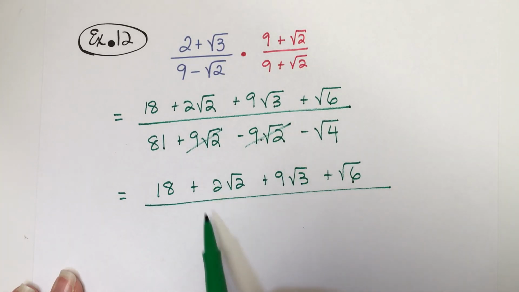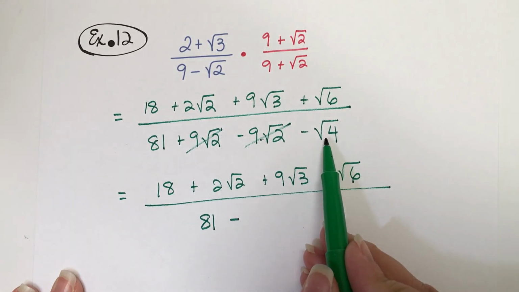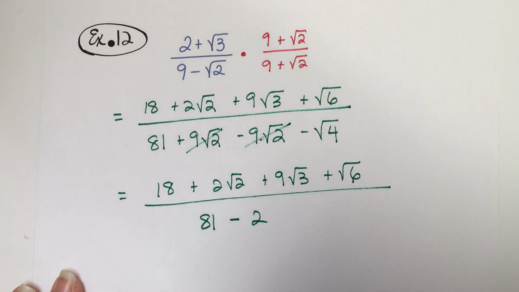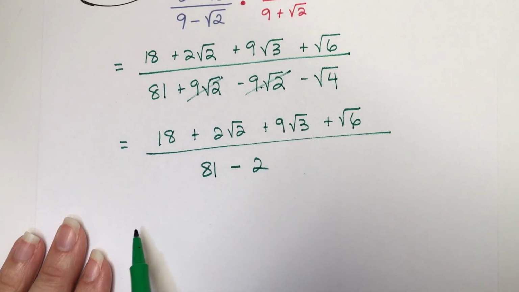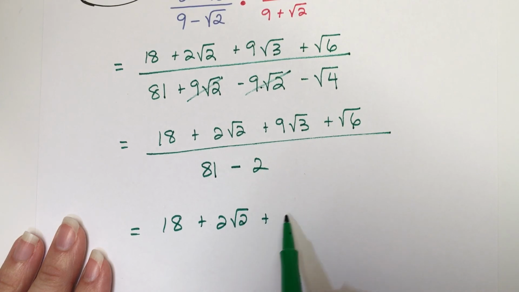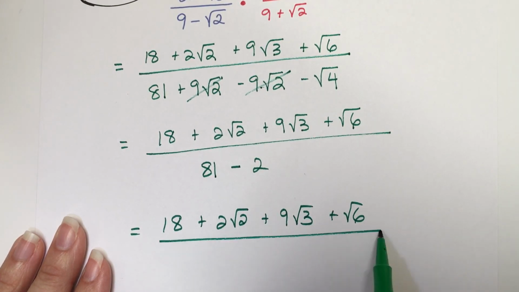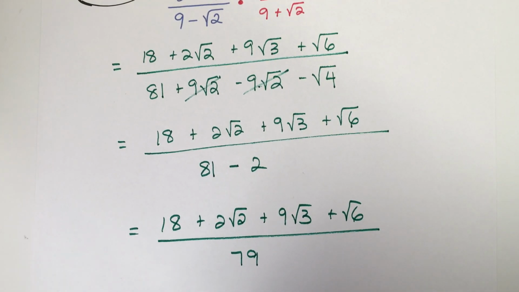They're going to add out. So I've got 81 minus just 2, because square root of 4, remember, simplifies to be 2. So your answer, you still have all 4 terms on the top. And of course, this then, just do your 81 minus your 2. So your denominator is just 79.